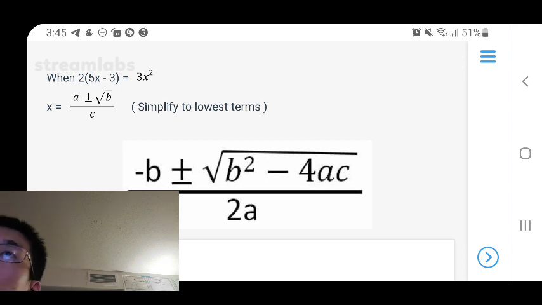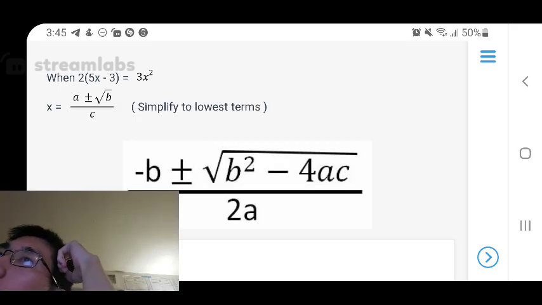Write down the question. I can simplify 10x minus 6 equals 3x squared. You want me to find a, b, c.